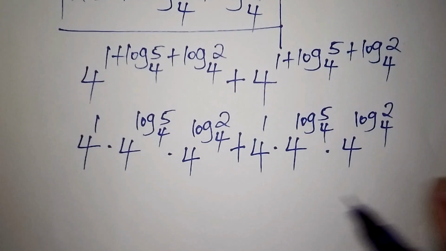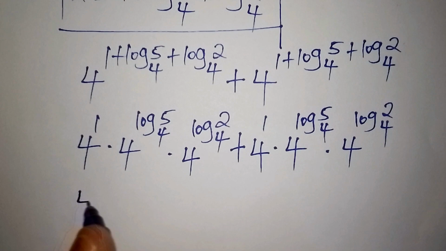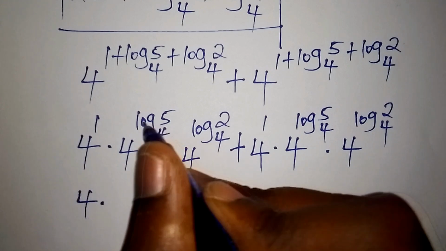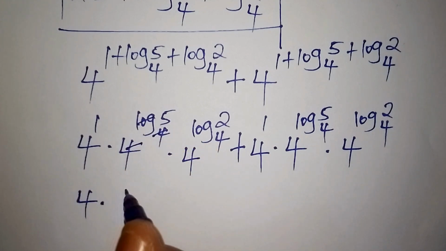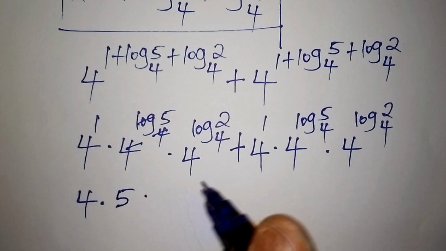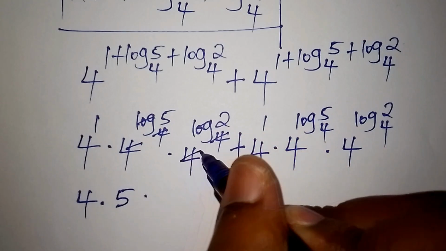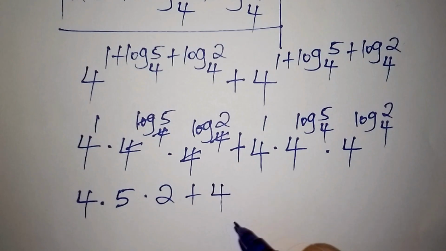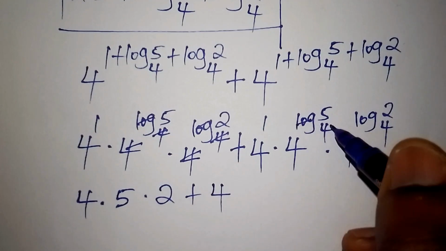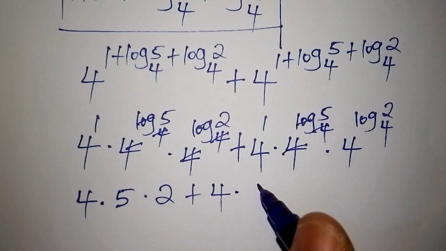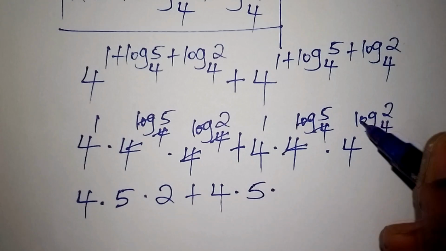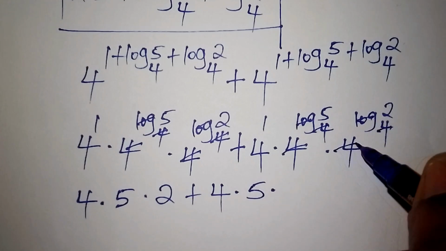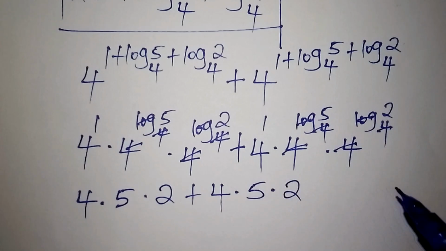So now 4 to the power of 1 is 4, multiplied by the log to the base of 4, cancel this 4, so 5, multiplied by the log to the base of 4, cancel this 4, 2. Then also plus 4 to the power of 1 is 4, then log to the base of 4 shall cancel this 4, so multiplied by 5, then also multiplied by the log to the base of 4, cancel this 4, 2.